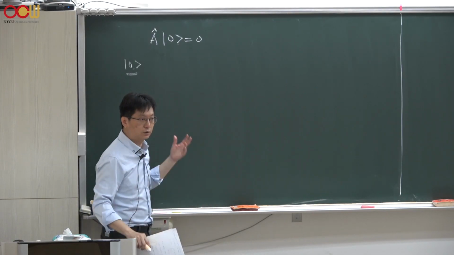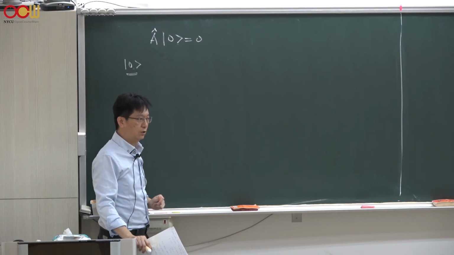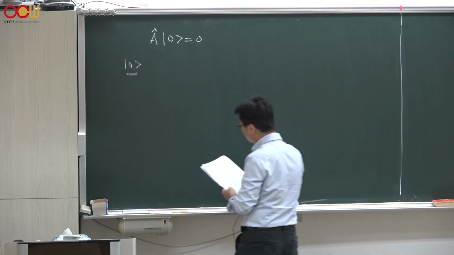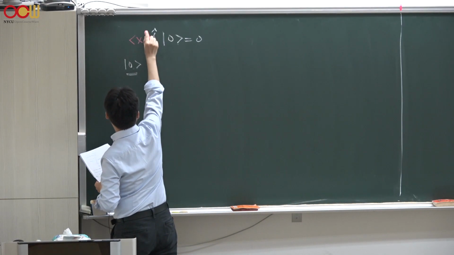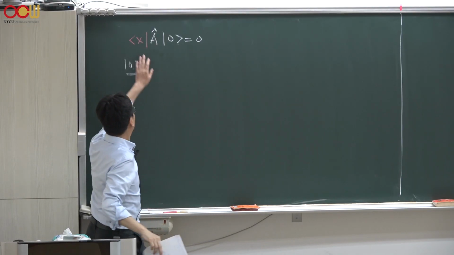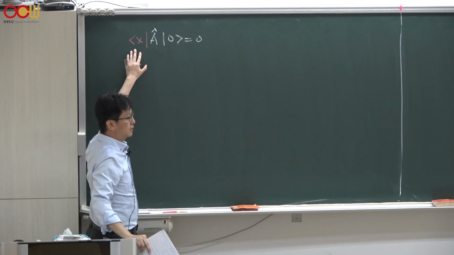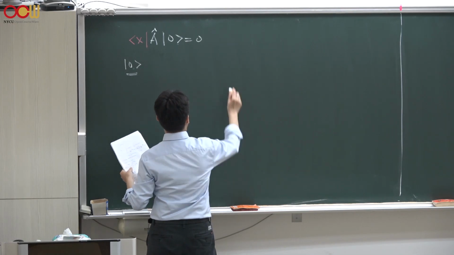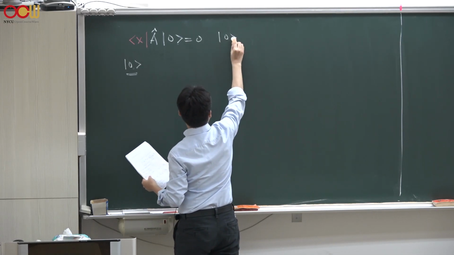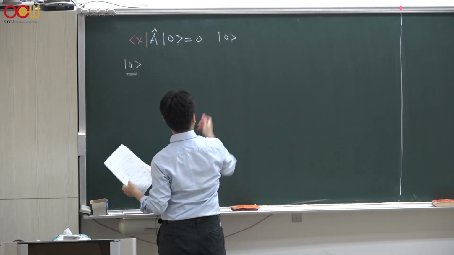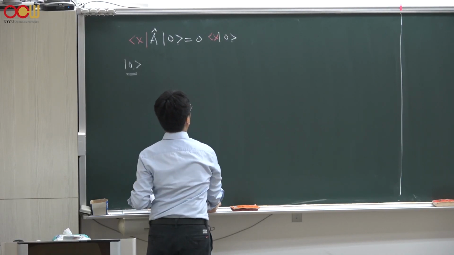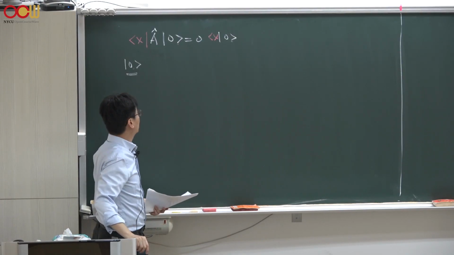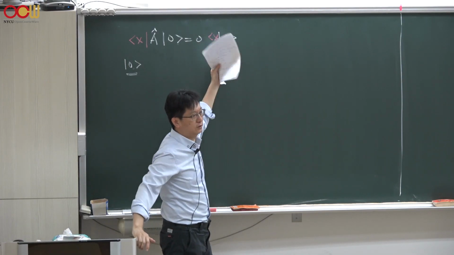So then, since we like to link this equation to the Schrödinger wave function, why not simply project this state onto a position eigenbasis, which means that I multiply the Dirac bra state of an x eigenstate on the left-hand side of this Dirac ket state, so we get this 0 ket state, but sandwiched by or projected by the Dirac bra state, which is the eigenstate of the position operator. But 0 times whatever is still 0, right?